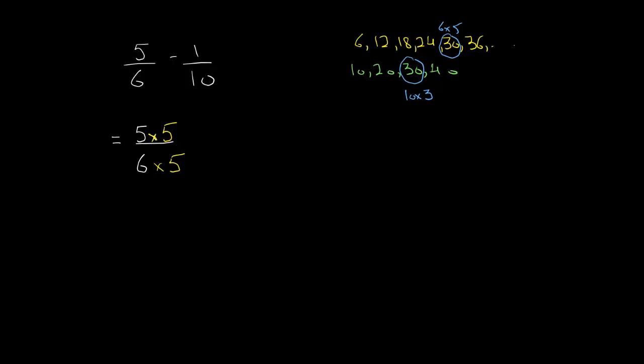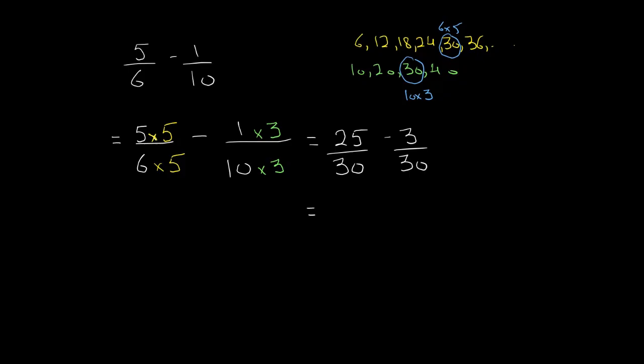Then I have the subtraction, and then I have 1 over 10, and now I have to multiply the denominator by 3, right? Because 10 3s are 30. So that means I have to multiply the numerator by 3 also. So then the question becomes 25 over 30 minus 3 over 30, which is equal to 22 over 30.